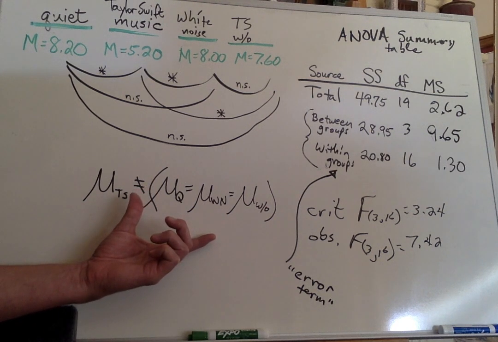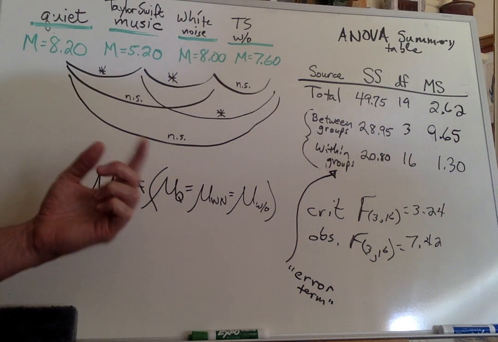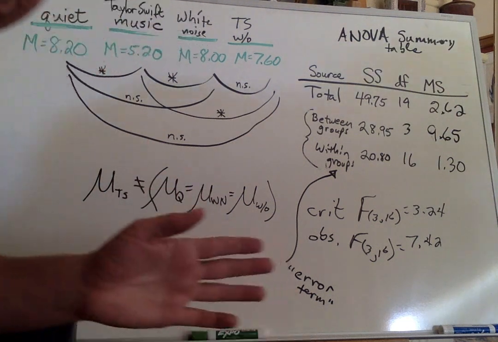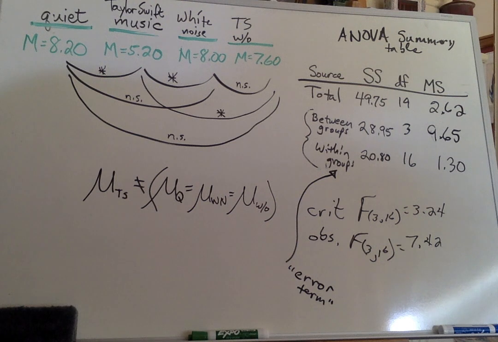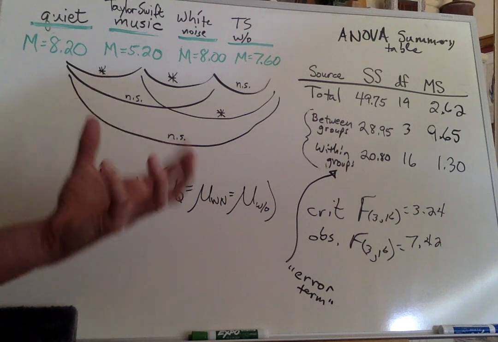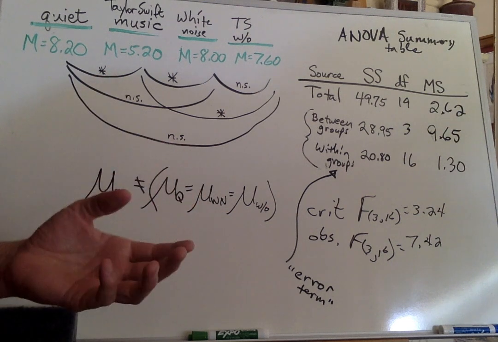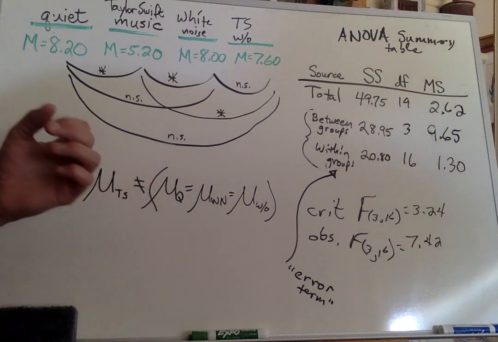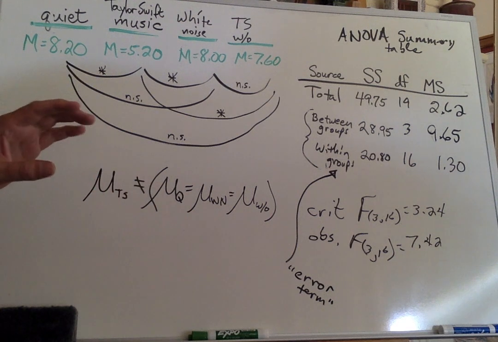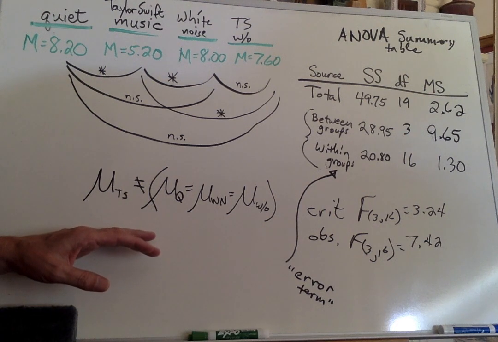This is a way to summarize what we see here. Wow. A little bit complex. But when we have four groups, we need to up the complexity of our analysis in order to do this correctly. And so here's our statistical conclusion.